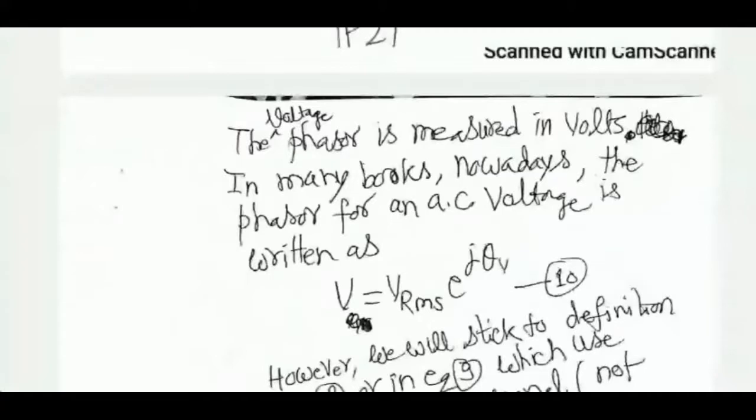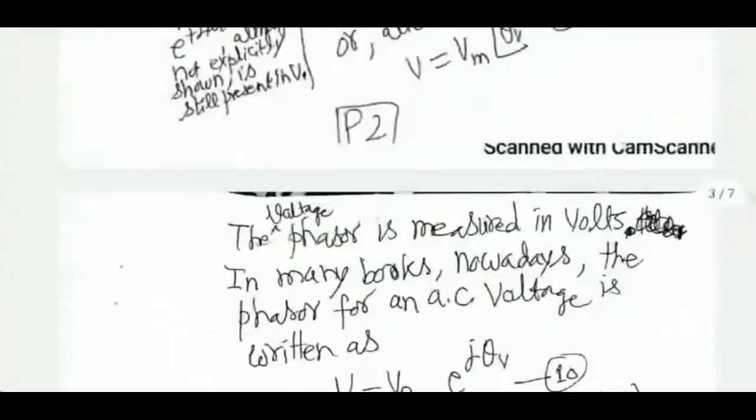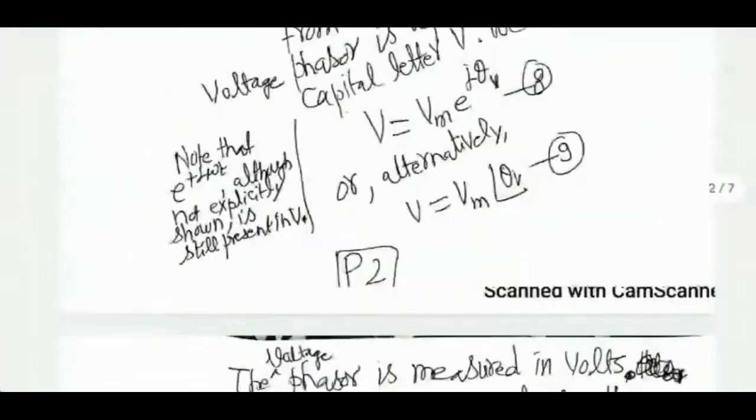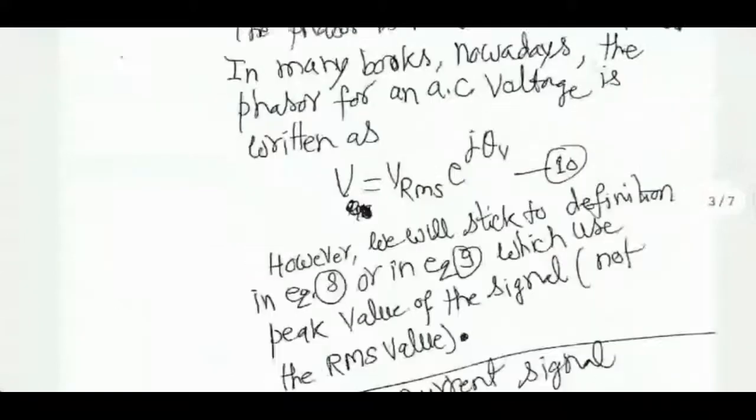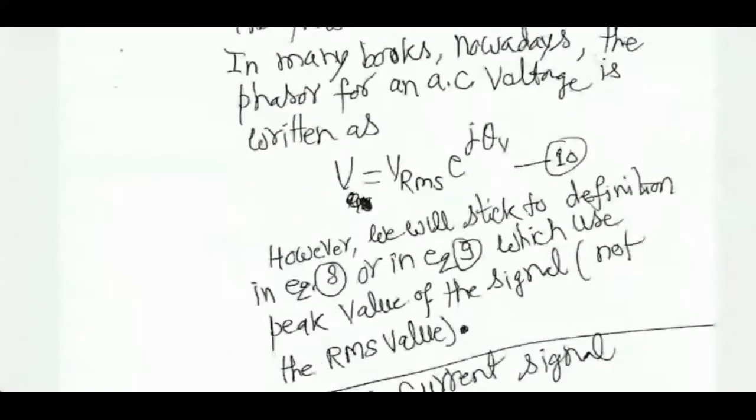In many books, you will see that instead of using Vm for defining the phasor, they are using Vrms. Fine, it can be done, but I am going to stick to the classical method where instead of RMS value, we will be using peak value for defining phasors. Not a big issue.